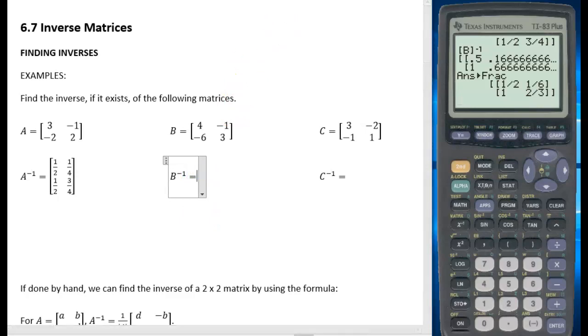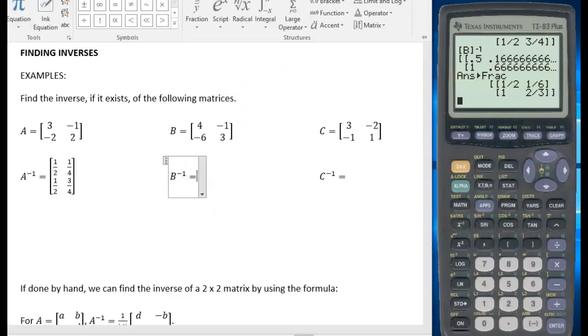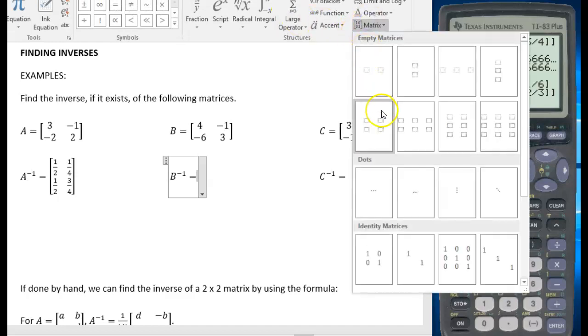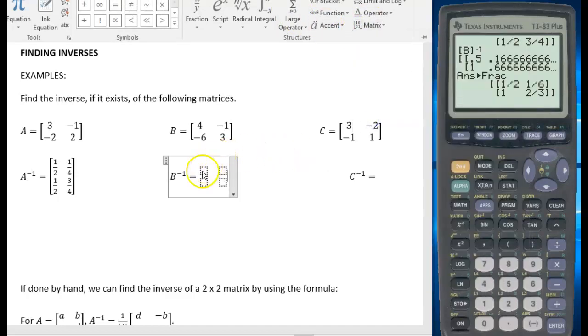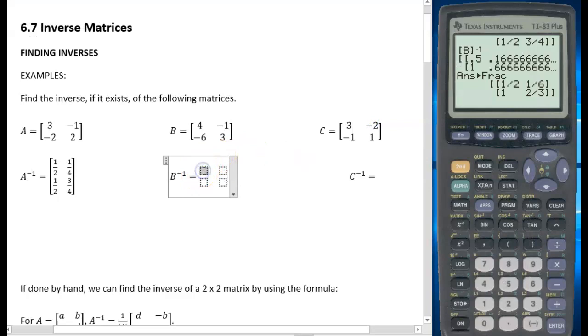So in a minute I will tell you the formula that the calculator is using, but you don't really need to know it. You just need to know how to find it on your calculator. Of course, ask your instructor if they want you to show your work. But if you don't need to show your work on how you got the inverse, then you can just refer to the calculator.